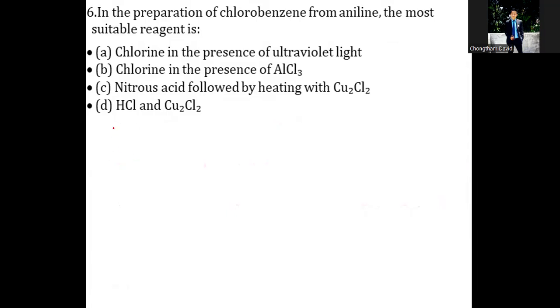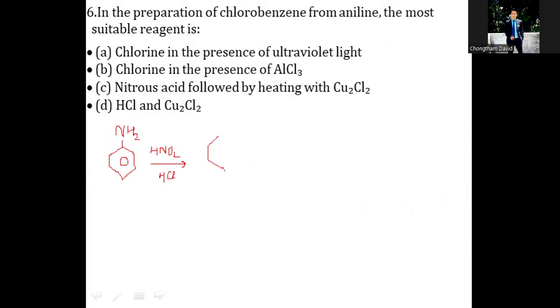So let us write the reaction first. You know the aniline structure is like this, right? Aniline. You have to undergo the diazotization process by treating with nitrous acid, which should be in cold condition.